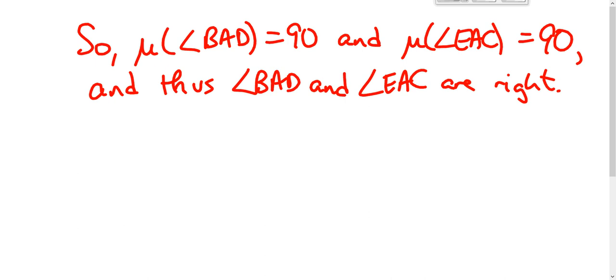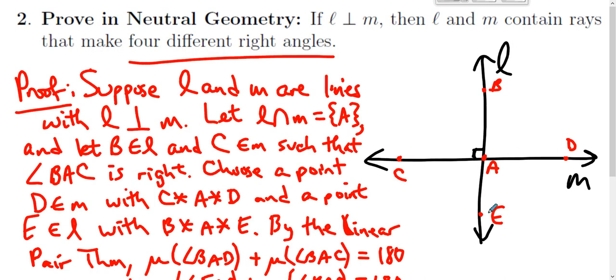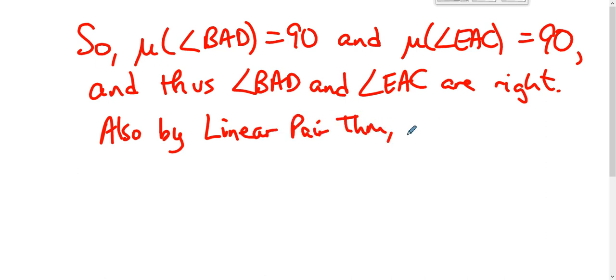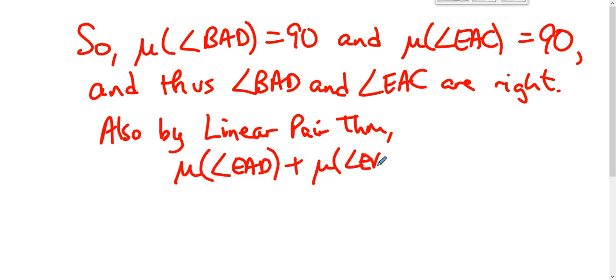So then we've got to get the one more. We've got to get angle EAD, and we can do that also by the linear pair theorem. The measure of angle EAD plus the measure of angle EAC is 180.